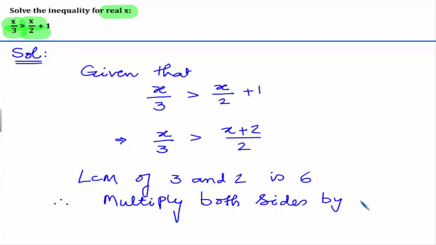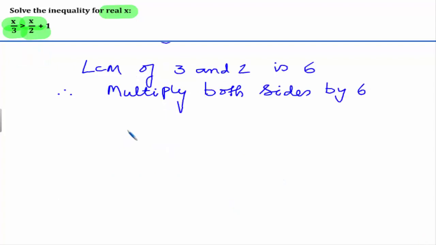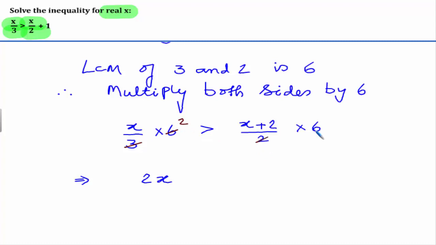by 6. Then we get x by 3 multiplied by 6 greater than x plus 2 by 2 multiplied by 6. Then on simplification we get 2x, just cancelling them, greater than 3 times x plus 2, which will give us 3x plus 6.